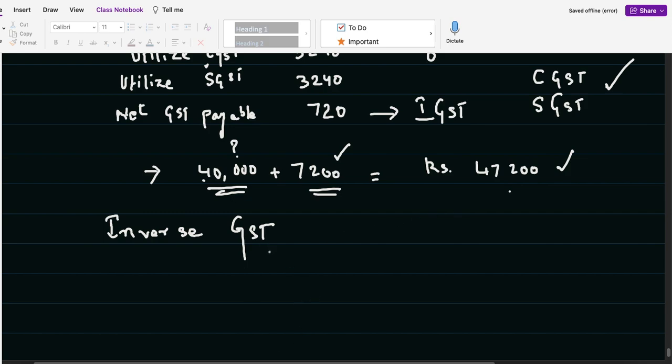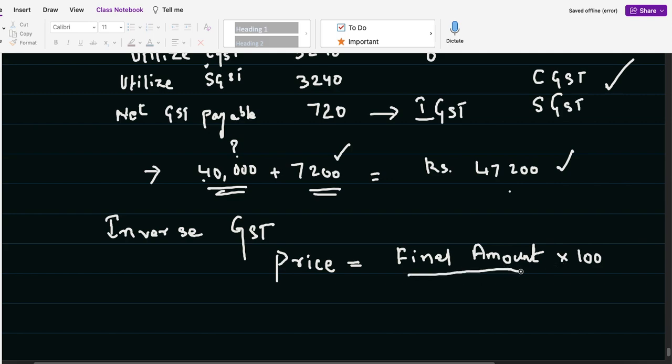So to get this, there is a formula: price of an item equal to final amount multiplied by 100 divided by 100 plus R. R is the rate of GST percentage.